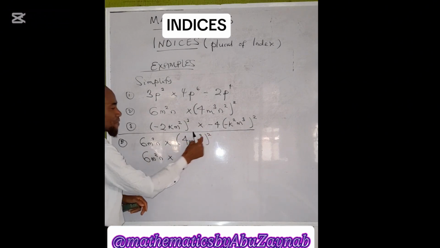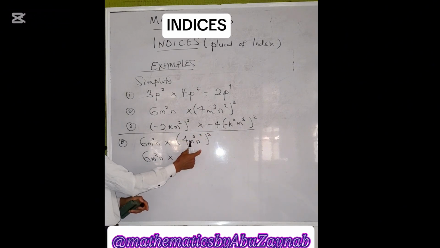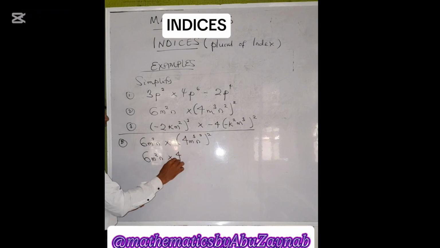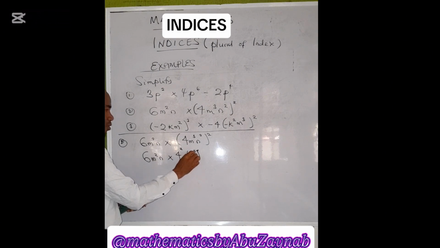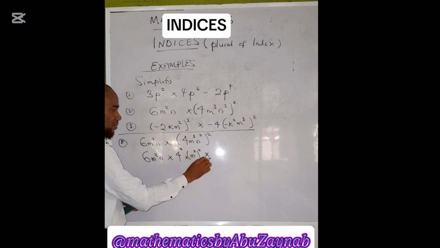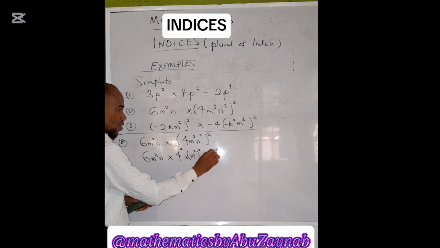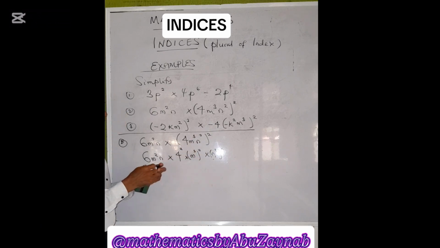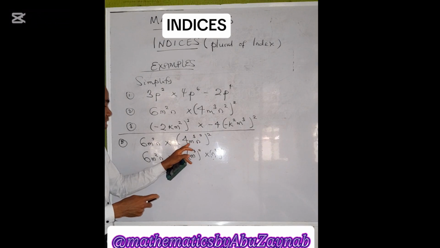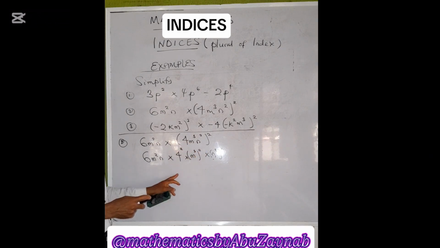This 2 affects every content of this bracket. So this actually means 4 squared times m cubed, also squared, times n squared, also squared. So this power 2 is affecting every individual term inside the bracket.